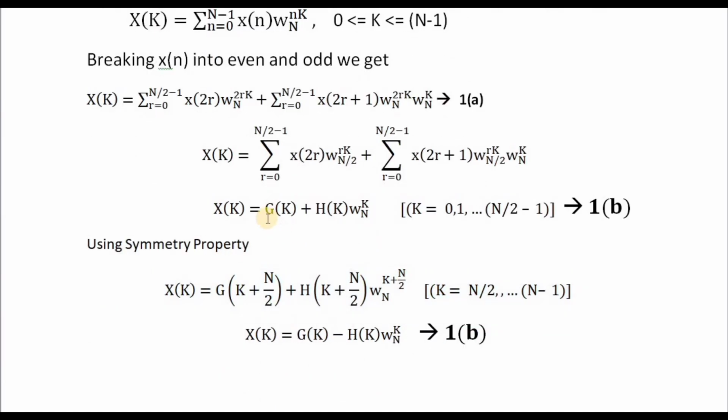Since g of 4 has to follow this equation, I can write X of 4 is equal to, since N by 2 is 4 and k value is 0, instead of plus you have to use minus h of 0, W_N of 0.